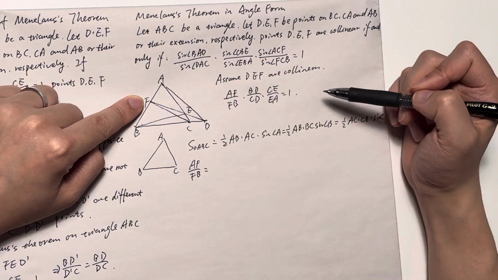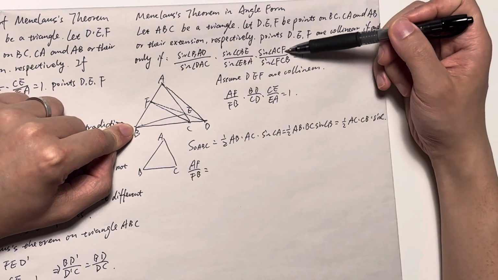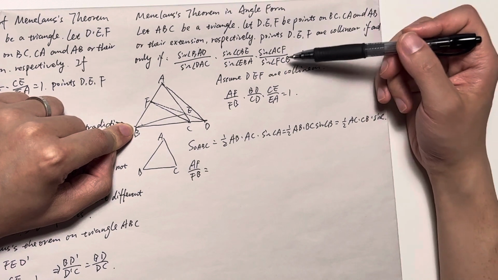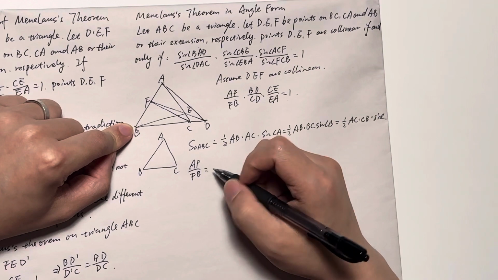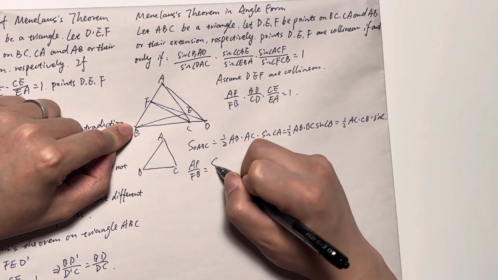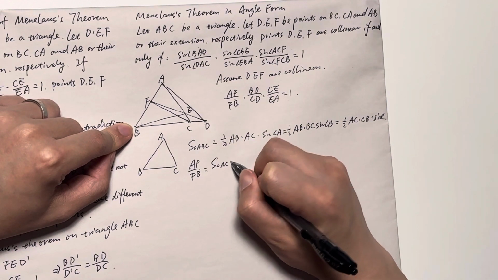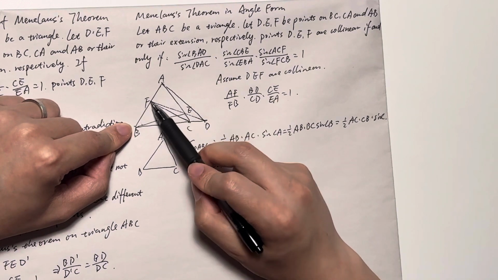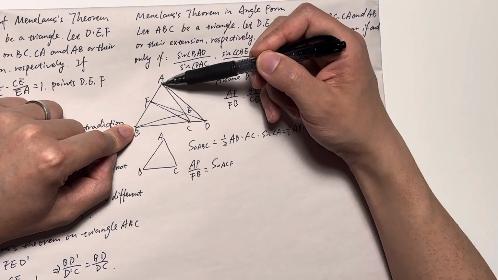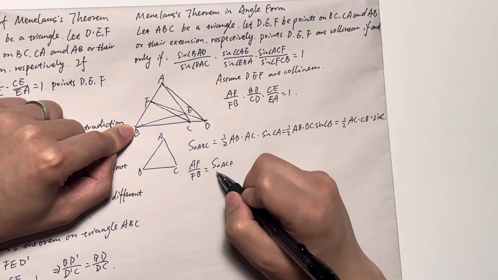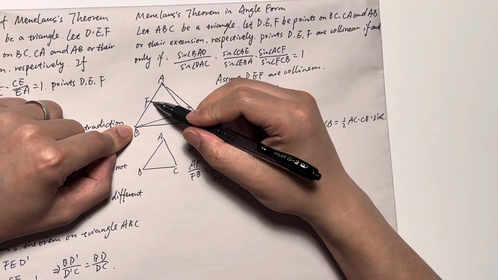FCB. So we know that here we want to include the sine angle ACF. So we want to translate it to the area ratio of triangle ACF, right? AF divided by FB equals the area ratio of ACF divided by FCB.